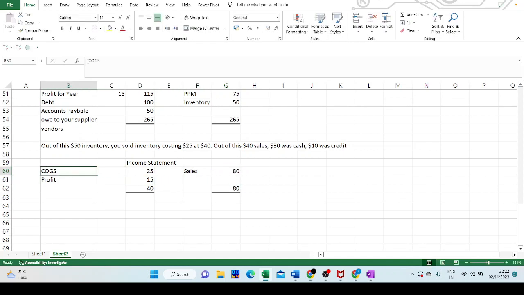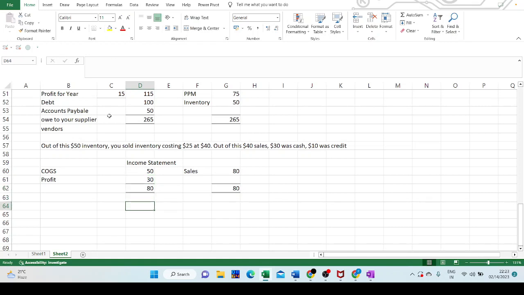We sold fresh goods costing $25, so my COGS would become 25 plus 25, 50. What would be my profit? 80 minus 50, that is 30. So my total profit for the year is 30, right?